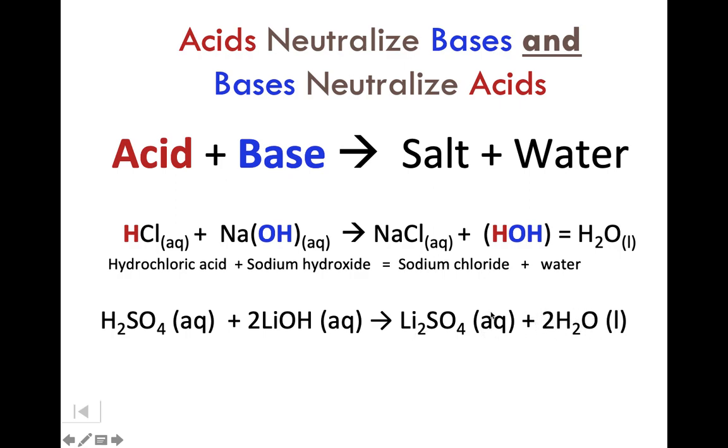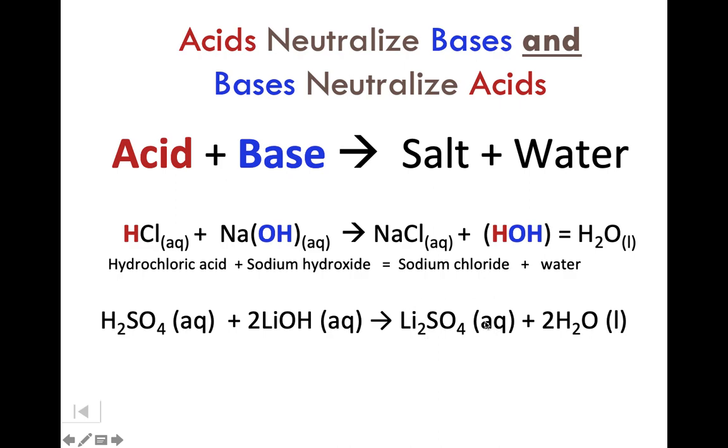So here we're making the same thing. We have an acid, we have a base, and we end up with a salt. Now remember, a salt is anything with a positive ion and a negative ion. It doesn't have to be sodium chloride. This is table salt, but this is lithium sulfate, which is another salt.